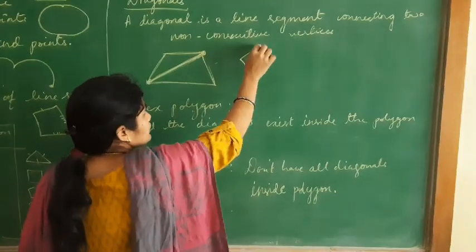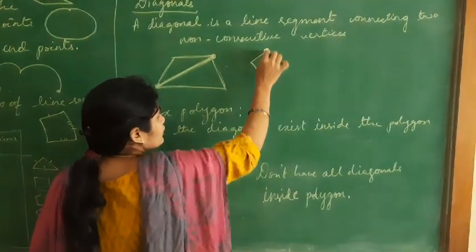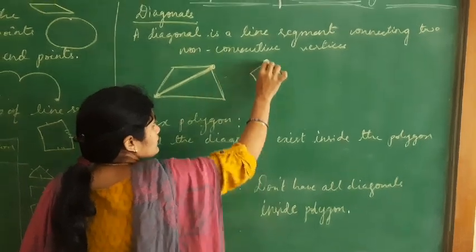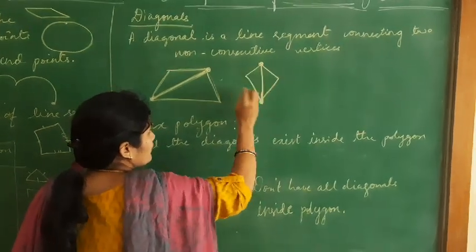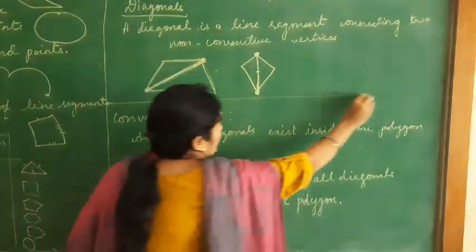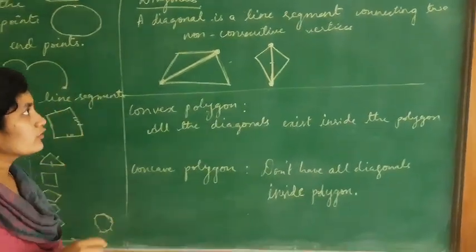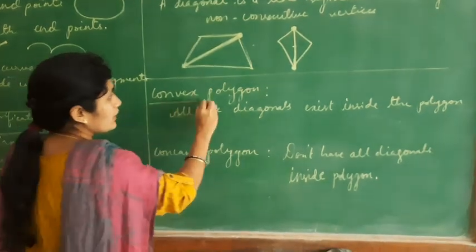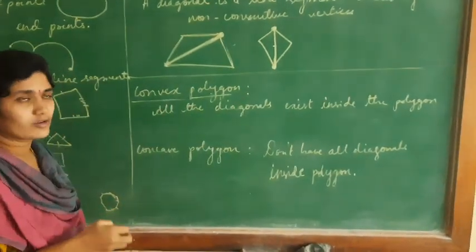And here also same thing, first one and second. These are the two non-consecutive vertices which are joined by this diagonal. So in each of the polygons we have so many diagonals, that you will learn later.